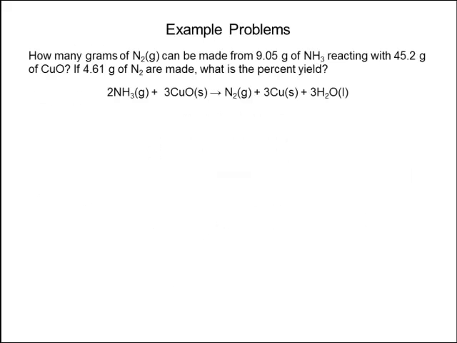Now let's run through some examples. What I'm going to do here is show the example problem and then slowly go through the steps, but I'm not really going to talk through the problem at all. Here's the first example problem.